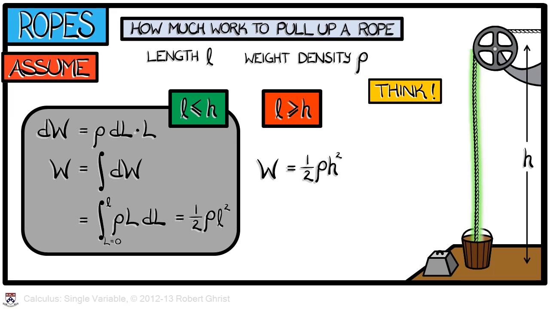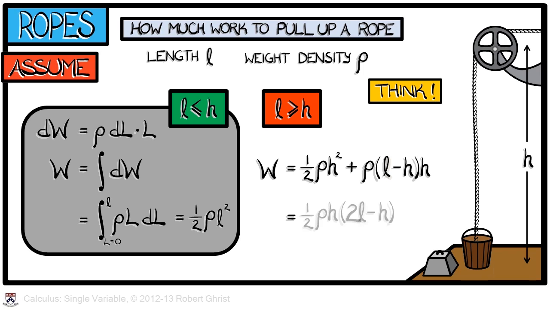That's 1/2 rho h squared. All of the leftover rope is at the bottom of the bucket, and we have to move it wholesale to the top. We can consider that as just a fixed weight that is equal to rho times the leftover length, L minus h, times the distance traveled, h. That gives us a final answer of 1/2 rho h times quantity 2L minus h.